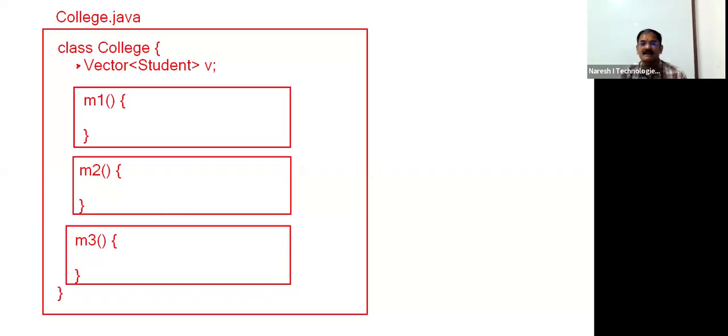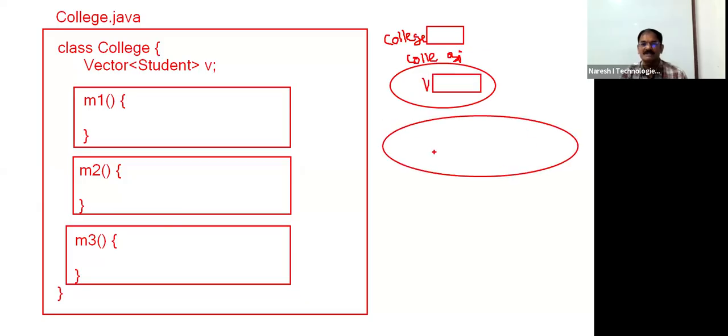Where did I create the Vector object? At class level. Then when I create a College object, inside the College object the vector variable is created. The Vector object is created with 10 locations.